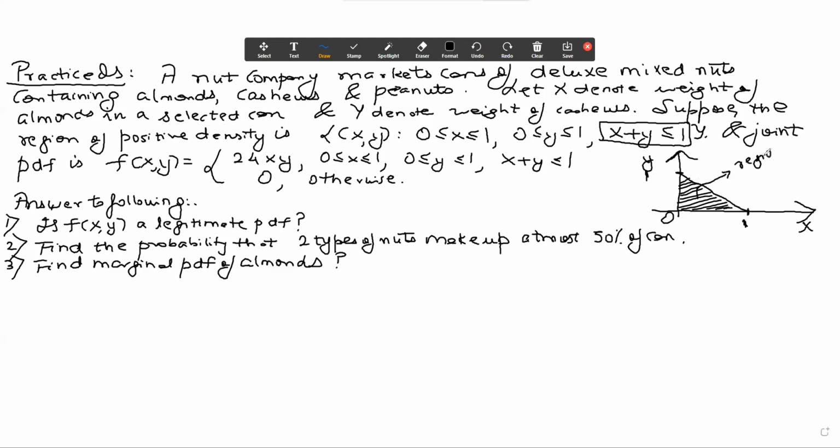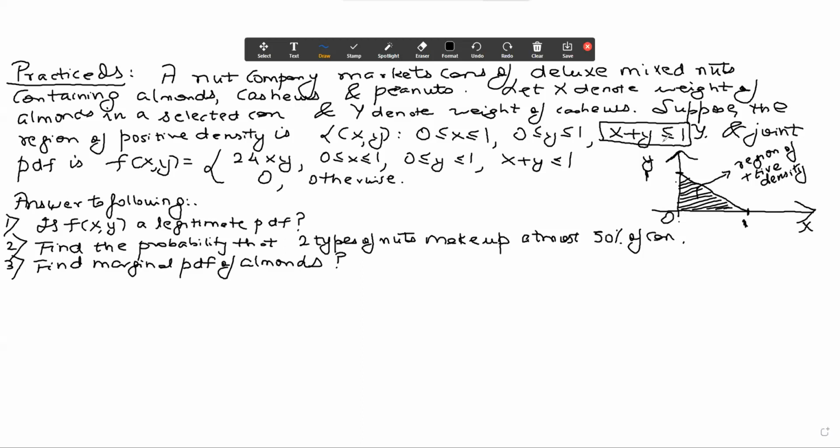This is my region of positive density. And there is one more condition: x lies between 0 and 1, y lies between 0 and 1, and x plus y should be less than or equal to 1.